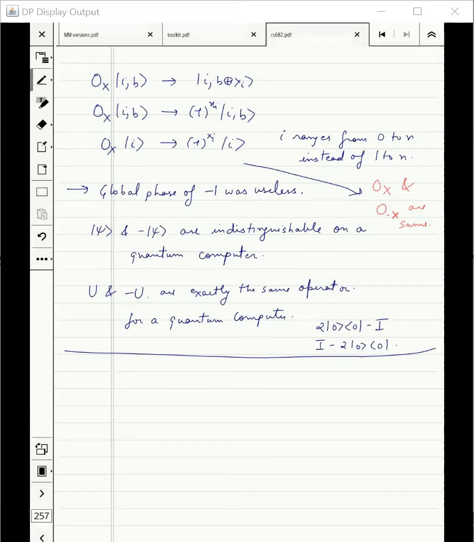Either you put a phase on 0 and leave everything else unchanged, or you put a phase of -1 on everything else and leave 0 unchanged. These two are the same thing for a quantum computer. You don't have to worry about it. Let's continue.